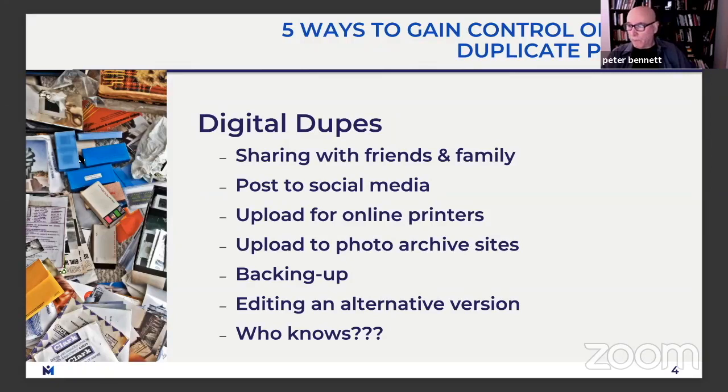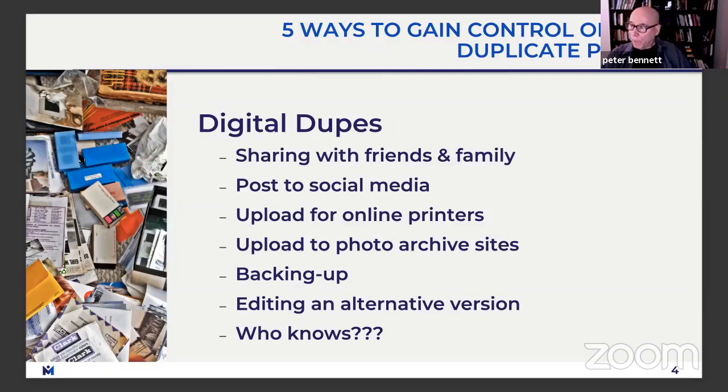We backed up, we made alternative versions. Whenever we made some color edits or cropped an image and we saved it, it became a dupe, or to be more precise, a different version of that image. We'll talk about that. And let's face it, there's dupes that we have no idea how they were created, yet there they are.